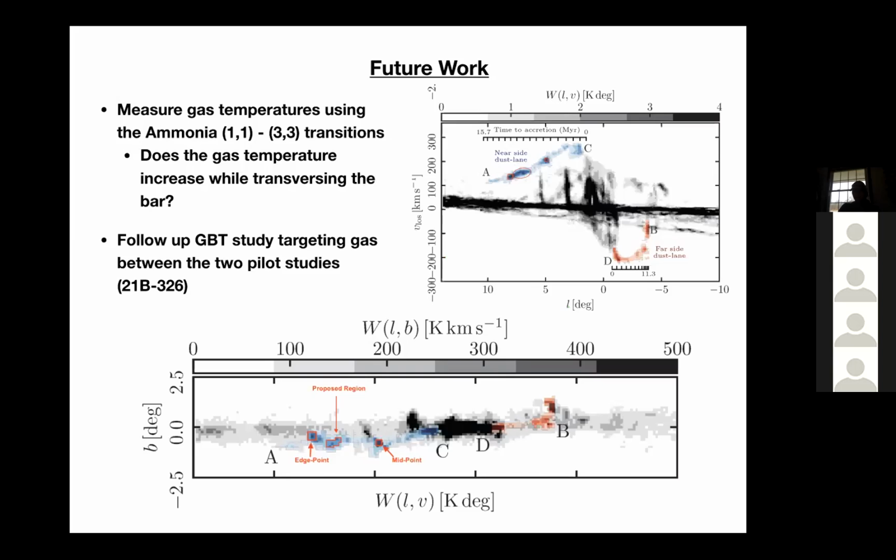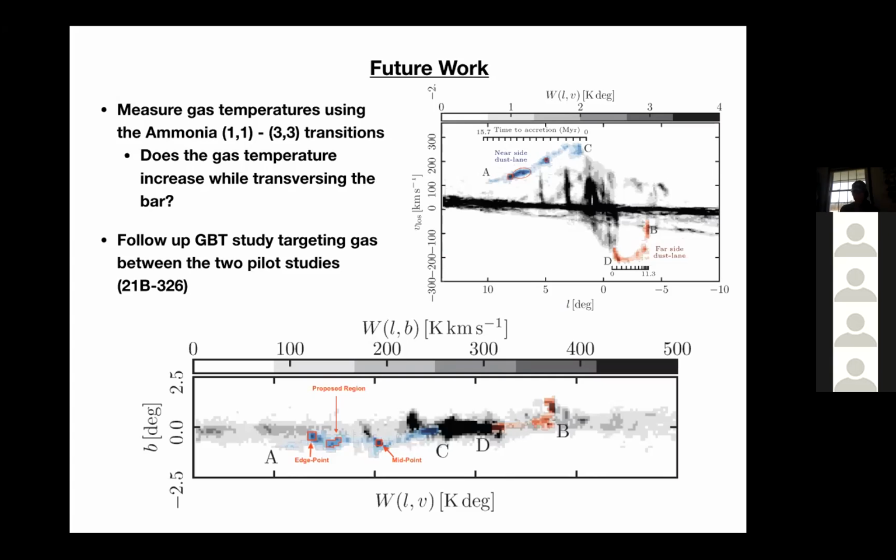All right, so future work. One of the things that we wanted to do with our study that we just haven't had a chance to work on quite yet is to measure the gas temperatures. Since we have the ammonia 1,1, 2,2, and 3,3, you can estimate the gas temperature by fitting those multiple components using a Boltzmann diagram.